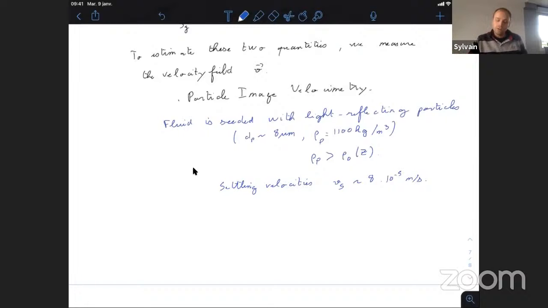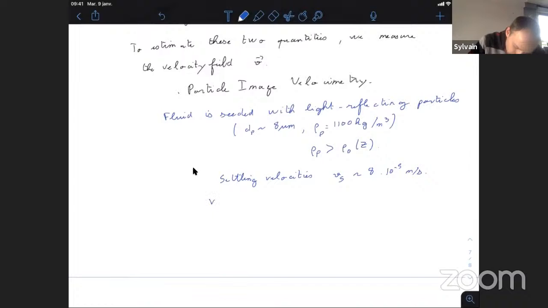The size is small, the density is close to the density of water, so that the settling velocity is very small. So also the velocity of the internal waves is larger than the settling velocity Vs. That's the first thing.